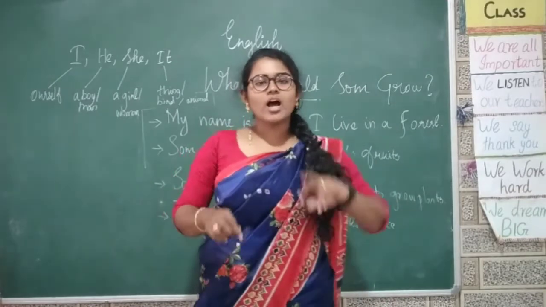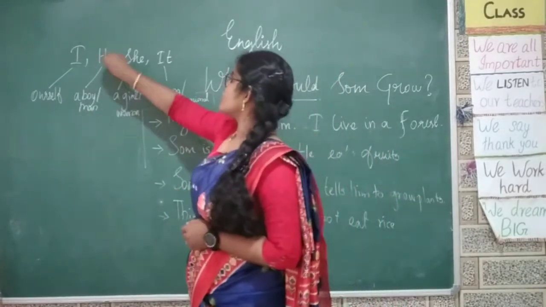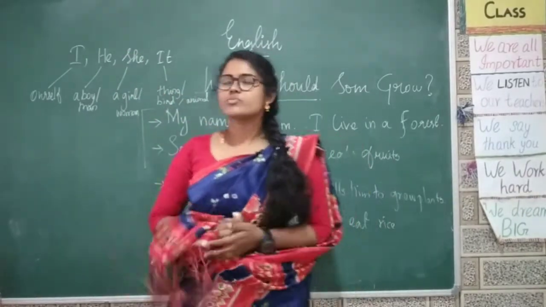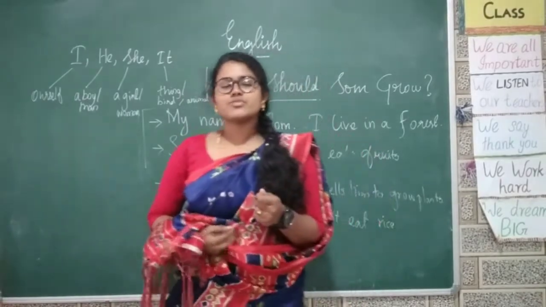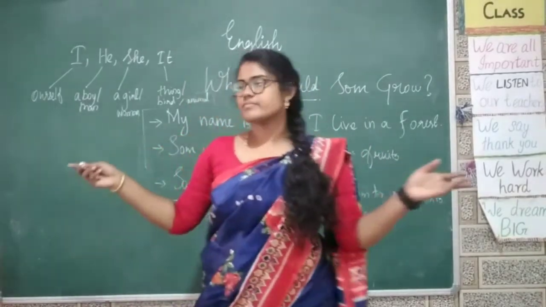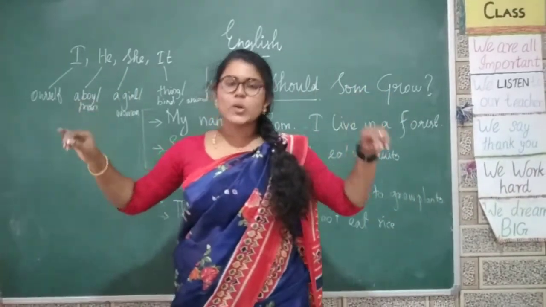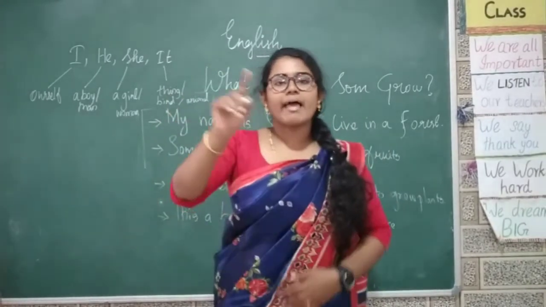So here 2 words are like gender words. Gender in the sense there are more than 2 genders. We have male, female and transgender, LGBT. Fine, that's different. Let's take in common male and female. We have 2 genders, male and female.